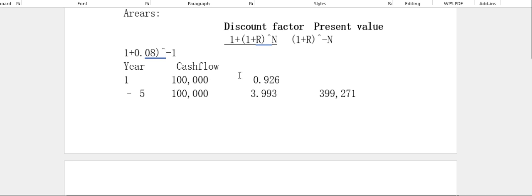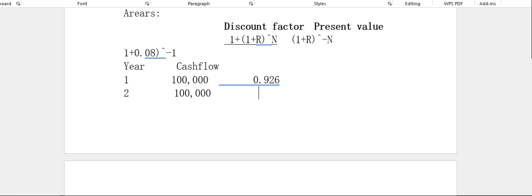Okay, year 2. 100,000 is also the value. What is the factor for year 2? It is 0.857.